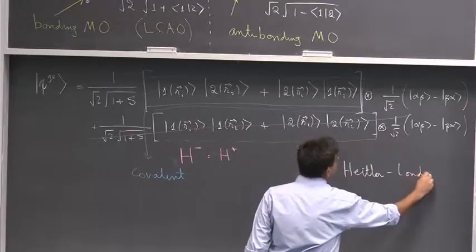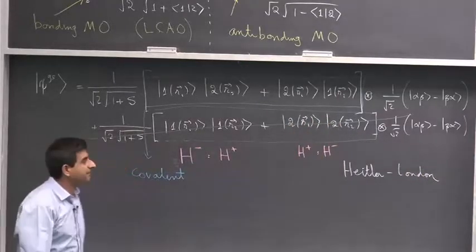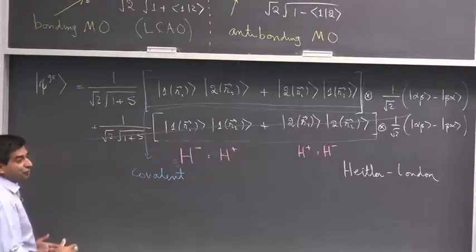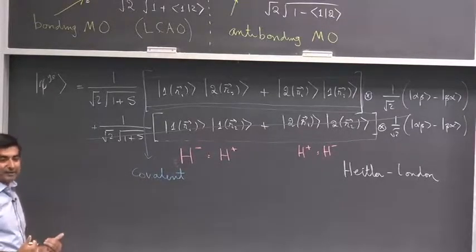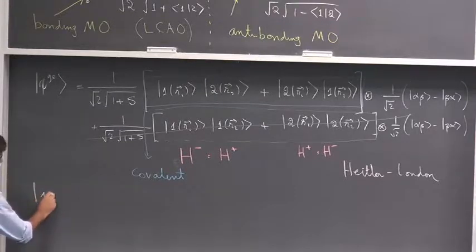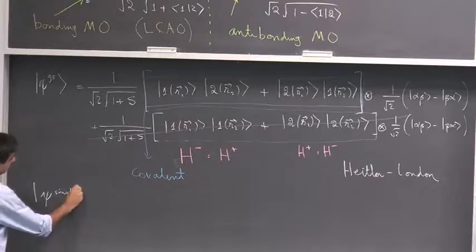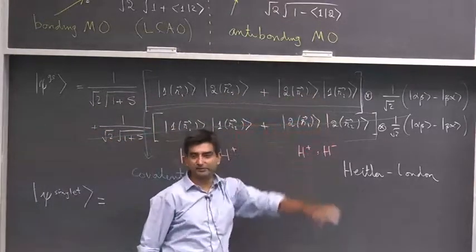They ignored the high energy ionic terms, and they proposed that the correlated electron quantum state in the ground state for the hydrogen molecule could be the symmetric, or the singlet, ground state. The singlet state is given by the first of these terms.